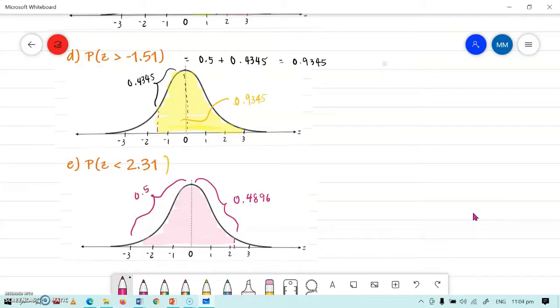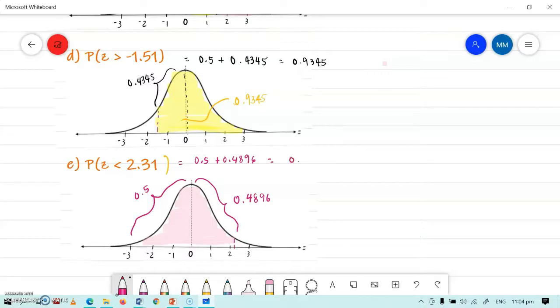So the entire shaded region is equal to the sum of 0.5 and 0.4896. So the probability of z to be less than 2.31 is equal to 0.5 plus 0.4896.